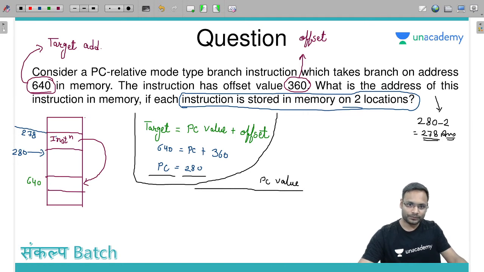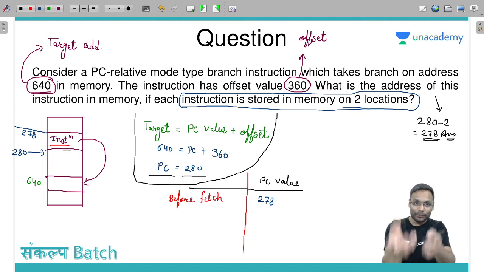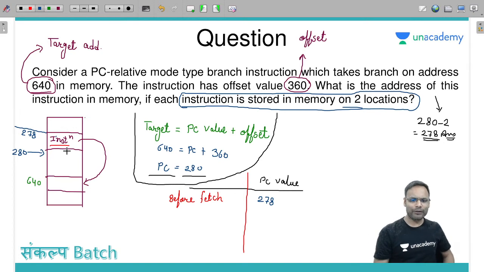The PC value, before this branch instruction got fetched, should be 278, the current instruction's address. Only then will you use the PC value and fetch this instruction. 278 will be the value before instruction fetch.